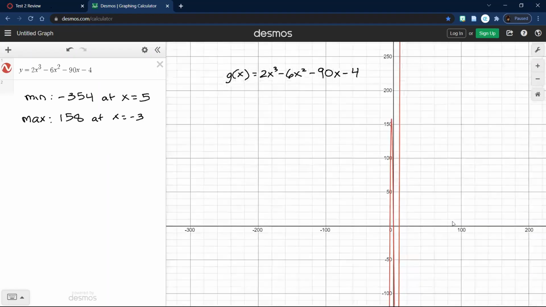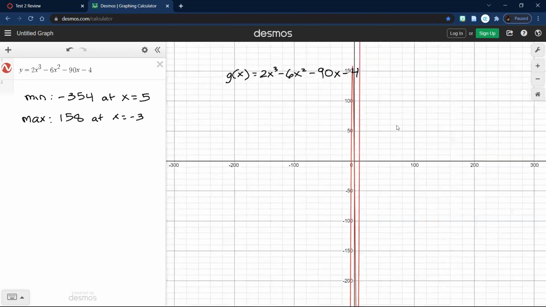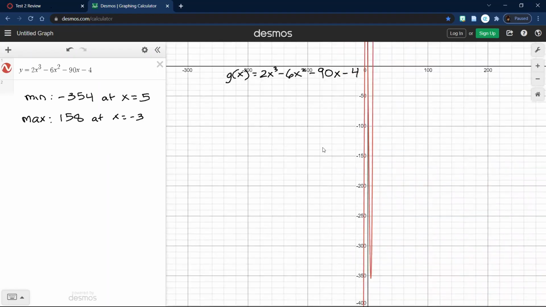What this essentially looks like, and I know it's hard to tell on this particular graph, is it goes like this, right? Just really tighten it together.